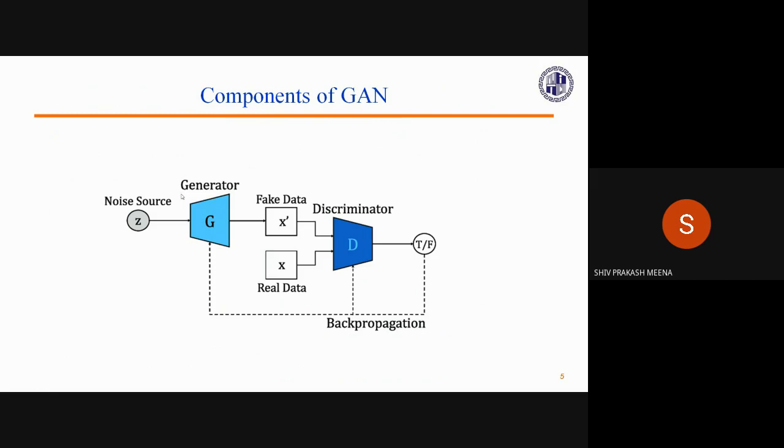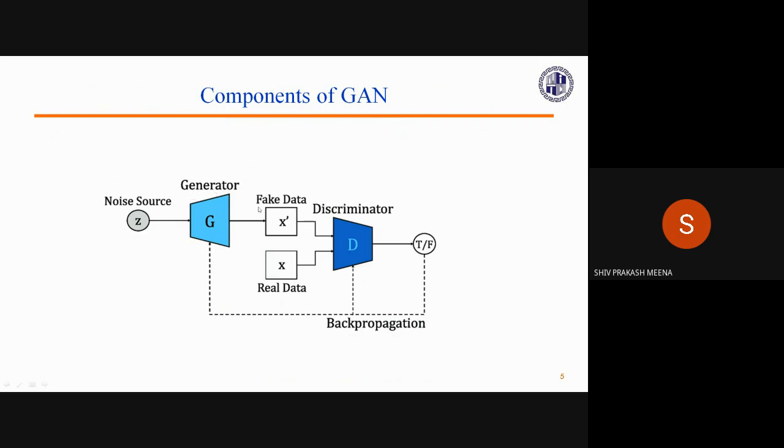Here I have covered it into a block, so don't get confused about what the generator would be. It would be a simple or basic neural network. Here we would have theta g, that would be the weight of the generator. It could have a number of weights. On the basis of noise, it will generate some data that would be fake data.